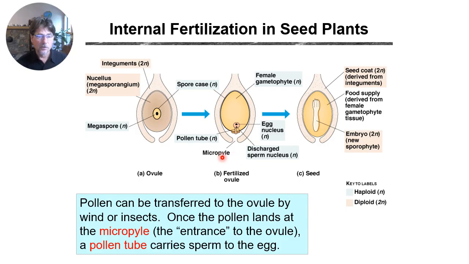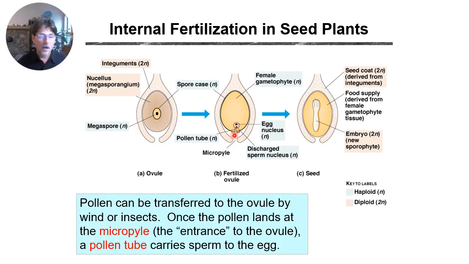The micropyle is a little gap in the integuments, and a pollen grain can pass through that gap. Once the pollen grain has landed at the base of the ovule, it will form a pollen tube, and the pollen tube is the actual delivery mechanism for the sperm. The sperm cells travel down that tube, and eventually one of them will fertilize the egg.